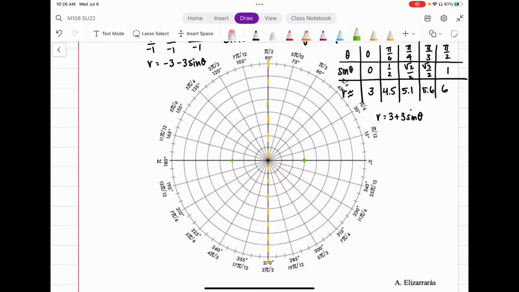And I'm also going to mirror that at 5 pi over 6 because I have symmetry with respect to the theta equals pi over 2 line. At pi over 4, I'm at 5.1, so I'm just a little outside of 5. I'm going to mirror that at 3 pi over 4 as well.